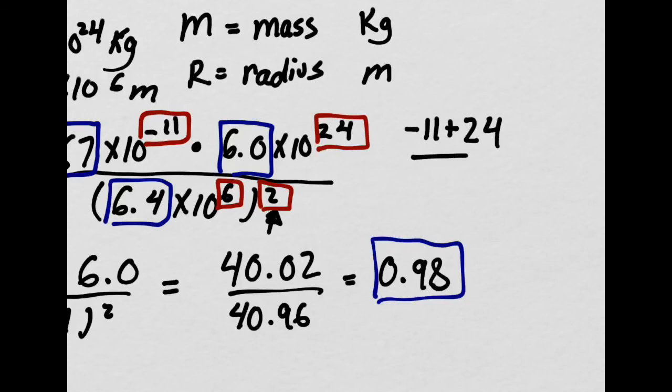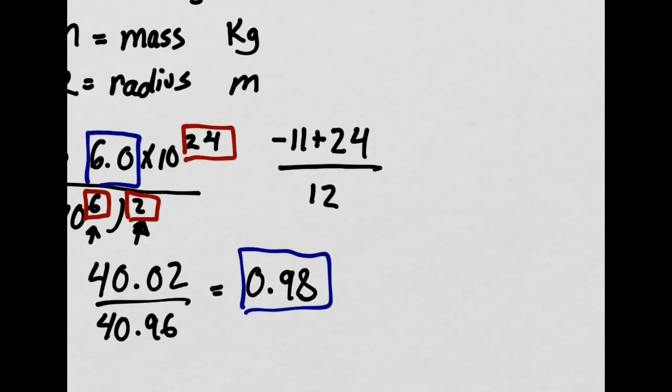When you have a 6 squared, it's like multiplying them together, so 6 times 2 is 12. So 24 minus 11 is 13, over 12.